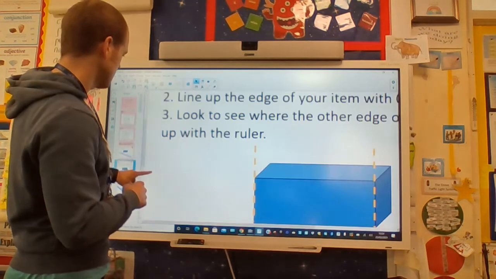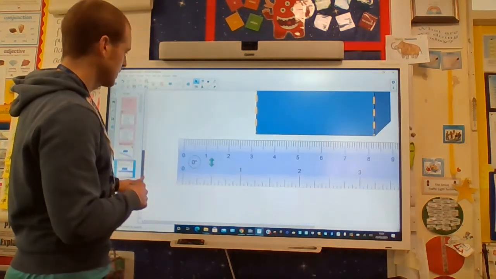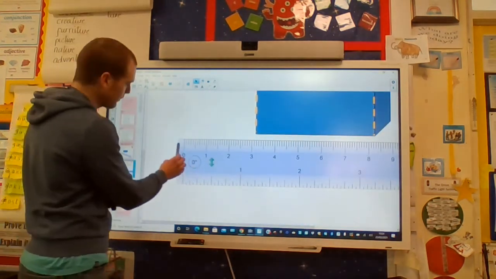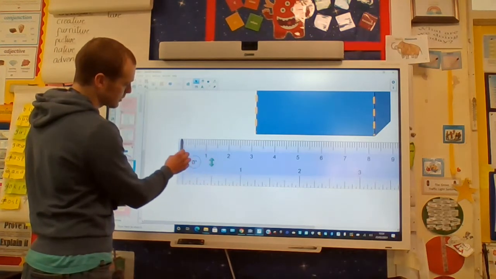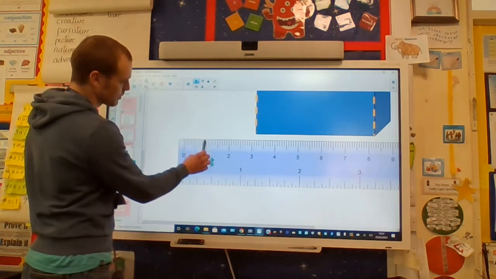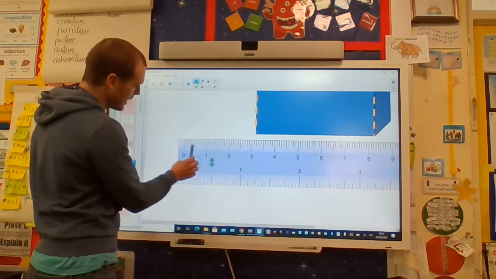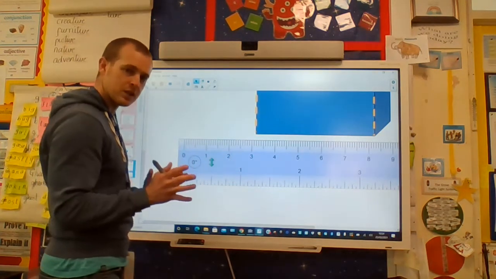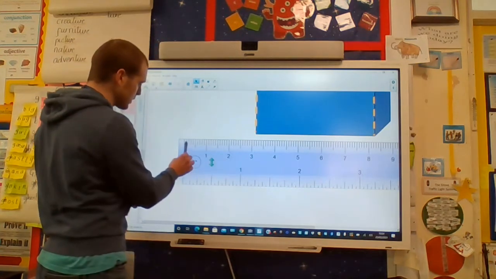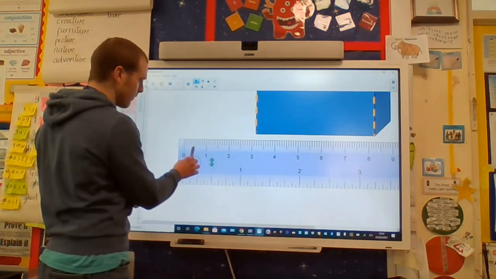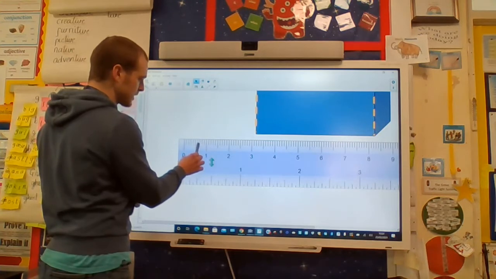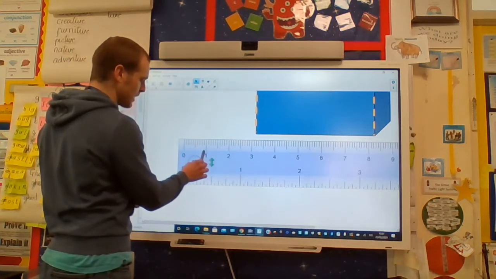Zoom in, very good. So as you see here, we've got our centimetres. We've got a big line, we jump to a big line, we jump to a big line. That's a centimetre, okay? In between our centimetre marks, we've got 10 lines. 1, 2, 3, 4, 5 medium line, 6, 7, 8, 9, 10 big line.